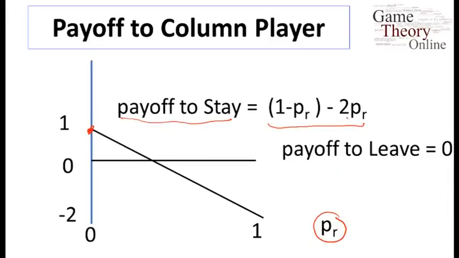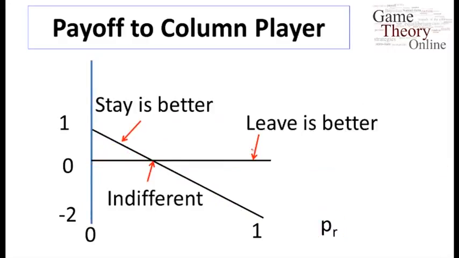As PR increases, this is sloping downwards and eventually hits -2 if we set PR all the way equal to 1. The payoff to leave, again, is flat at 0. So what do we end up with? In terms of best responses for the column player, we end up with stay being better when the probability of the row player staying is less than 1/3.